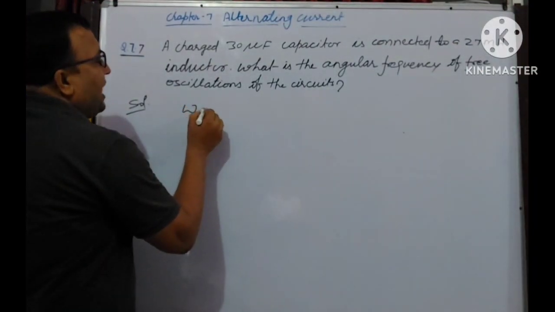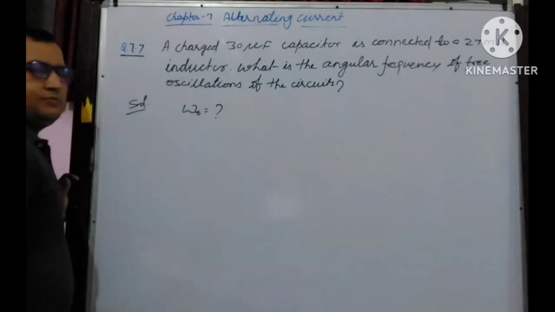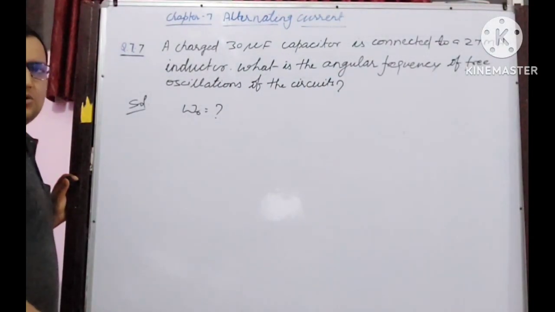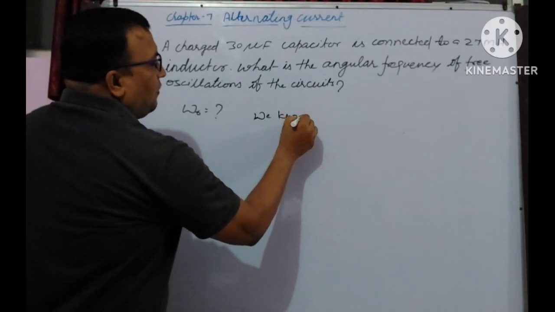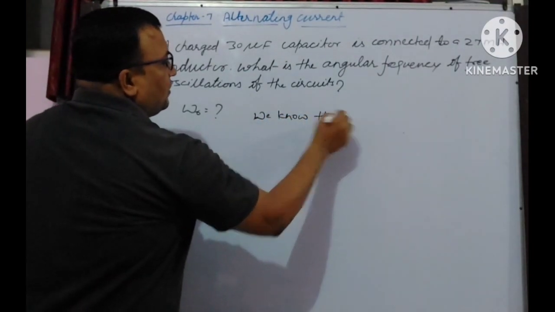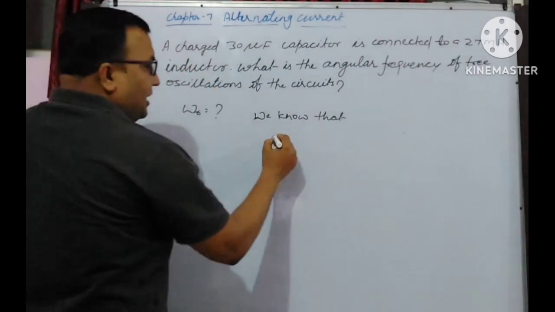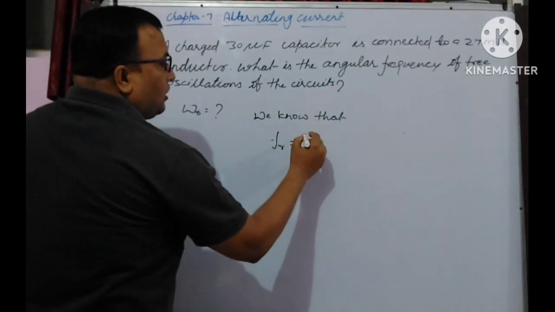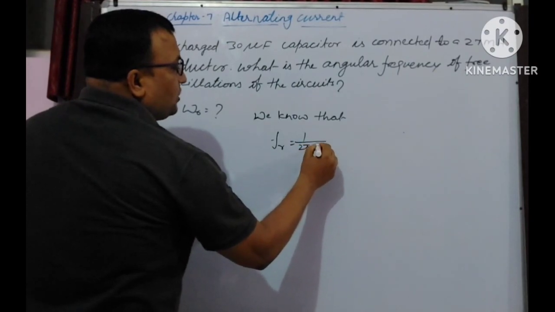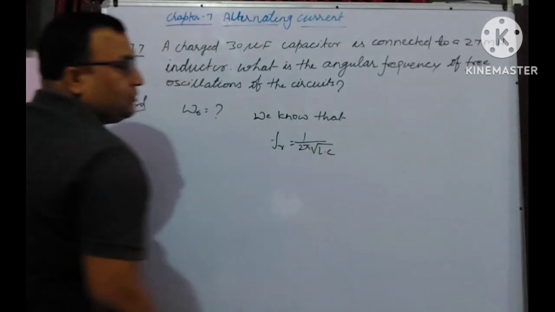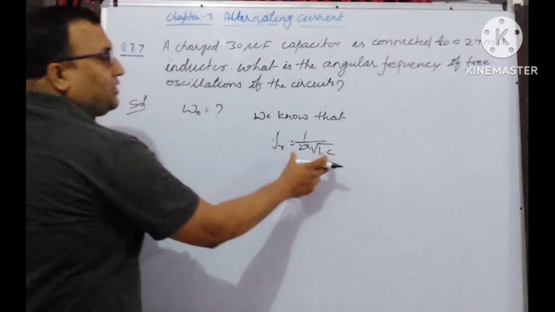Very easy. Coming directly to the solution, it asks for omega R equal to what? Through the resonance frequency, we know that fr equals 1 by 2 pi root under L into C. That is the formula you know.